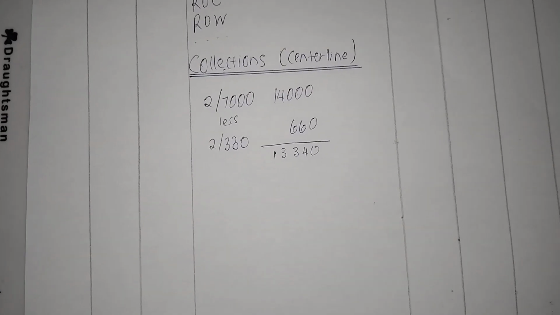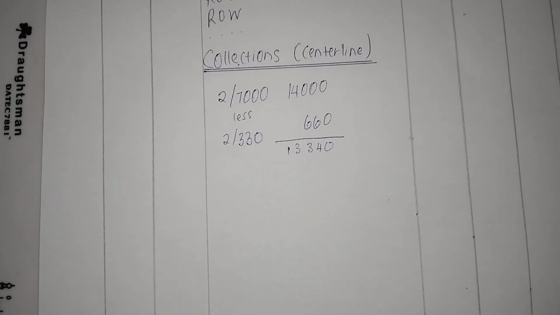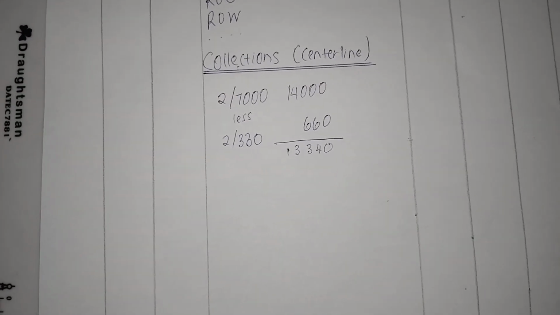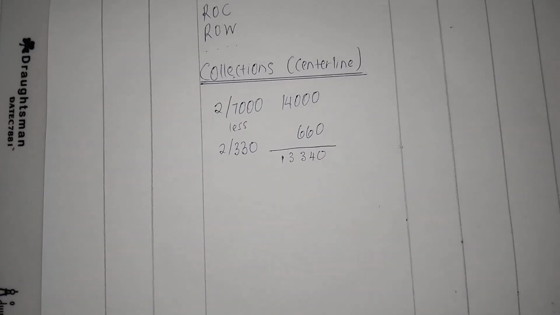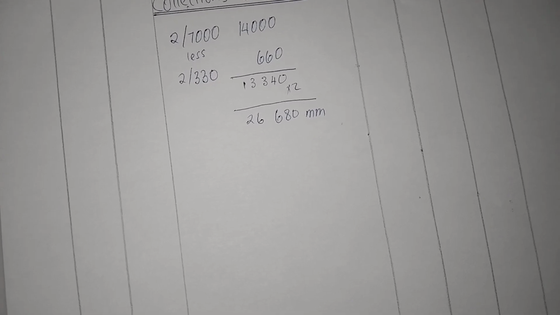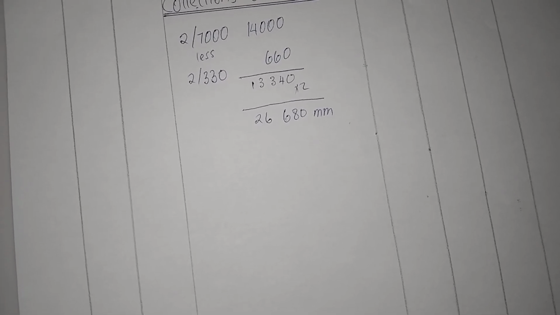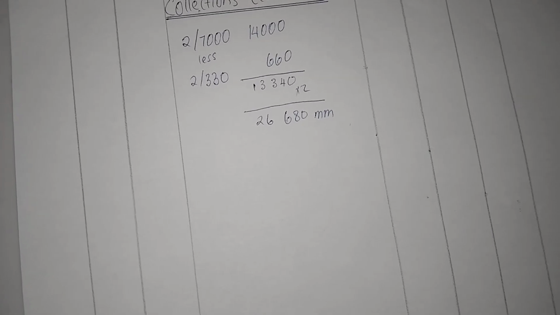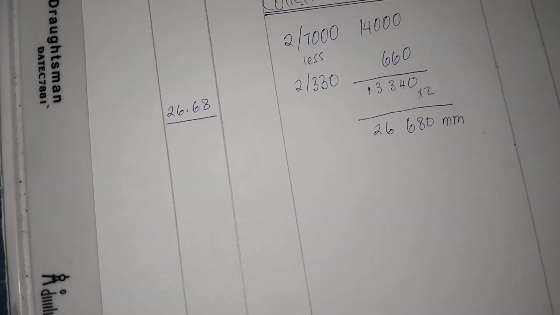When you get that answer, add the two. So we're going to have 13,340 plus 13,340, which is going to give us 26,680 millimeters, which has to be written like this: 26,68.